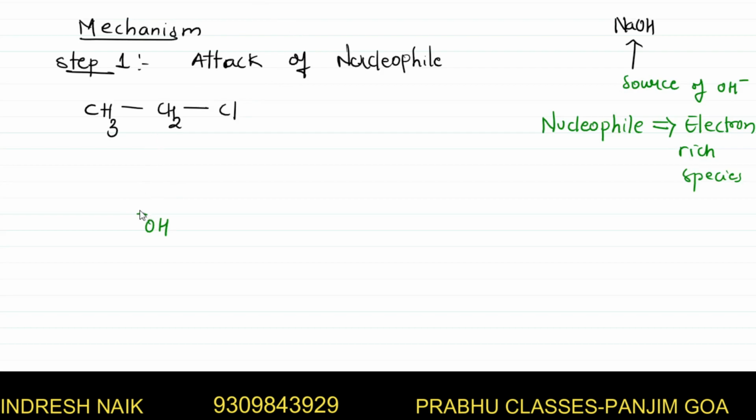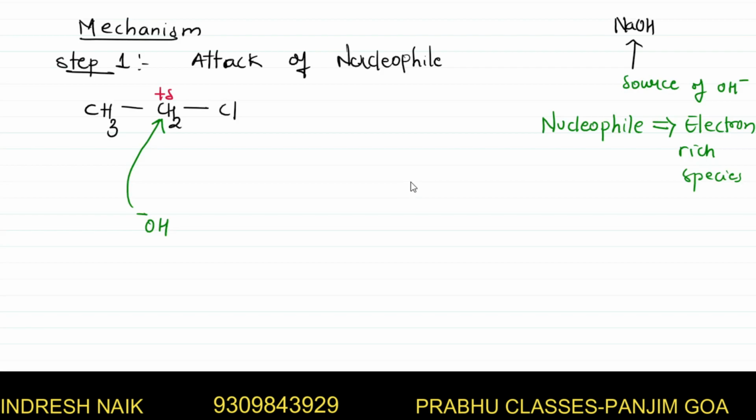Now this OH minus is going to donate an electron, or I can say that it is going to attack on this carbon. The reason is that this carbon is partially positive, and this is not so positive. See, always keep one thing in mind, that negative attacks the positive, right?